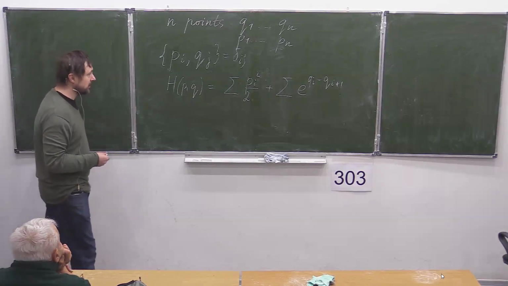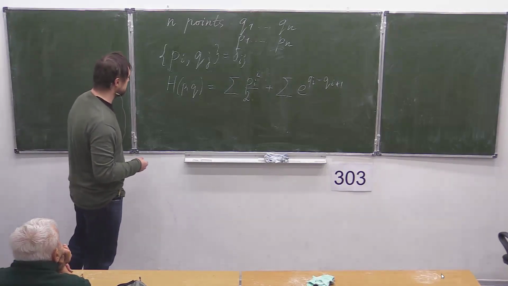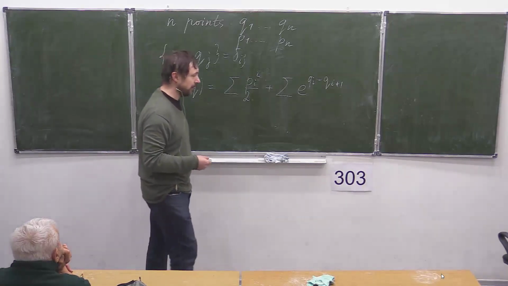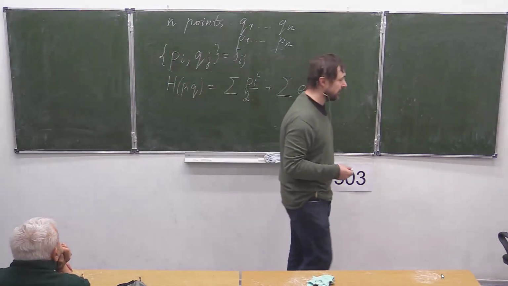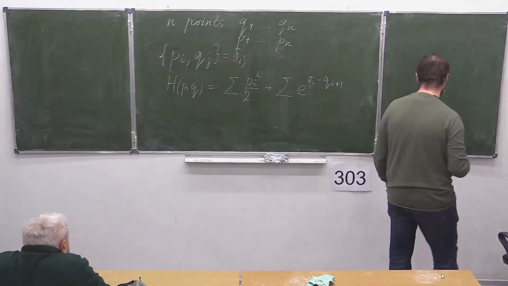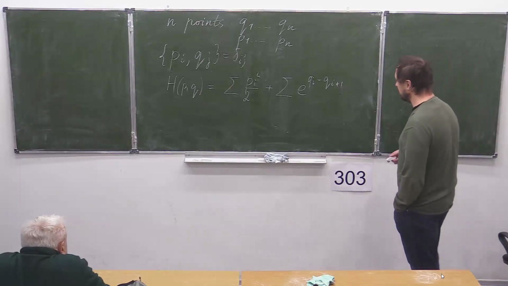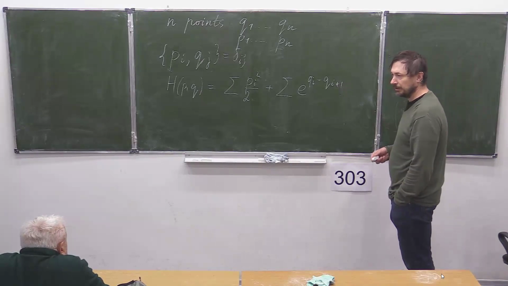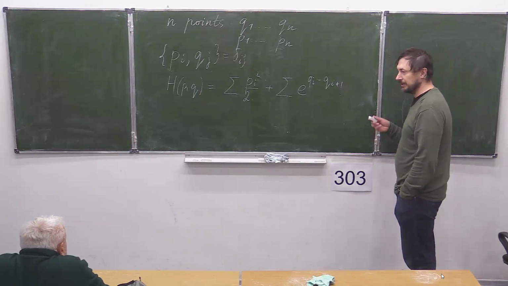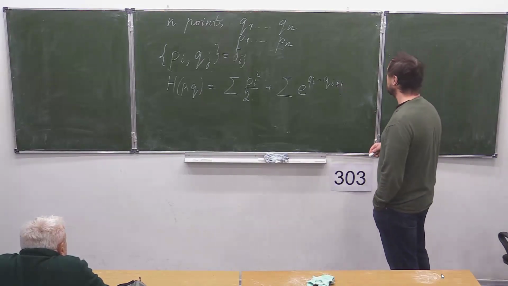This same system reemerged about a decade later in a paper by a Japanese physicist, Morizuki Toda, I think. Morizuki is his name, and Toda is the family name.